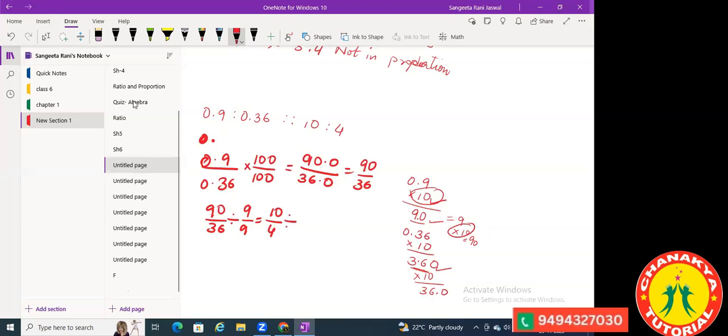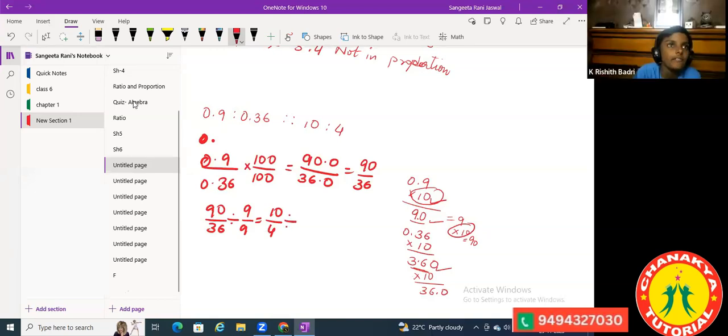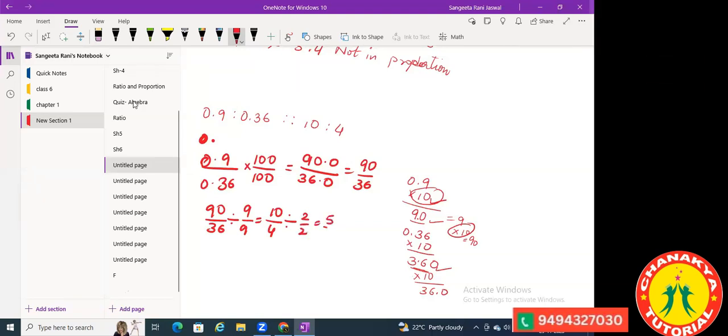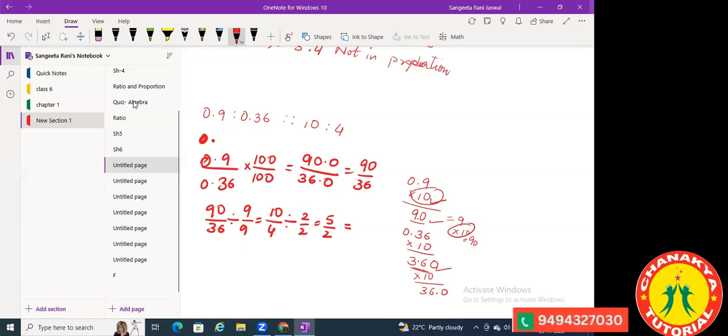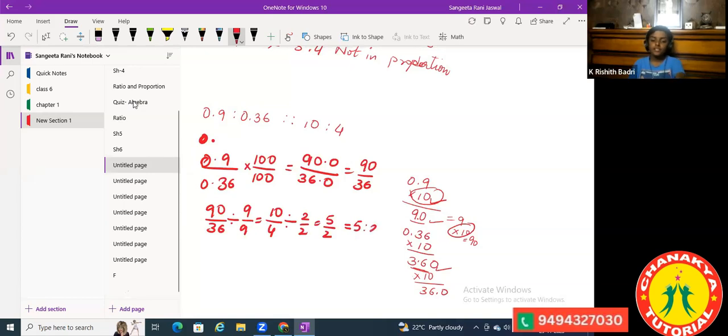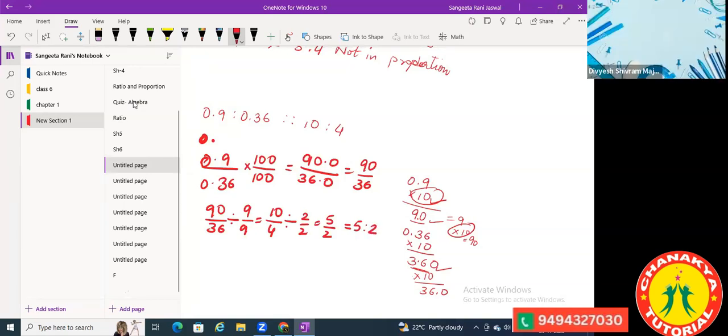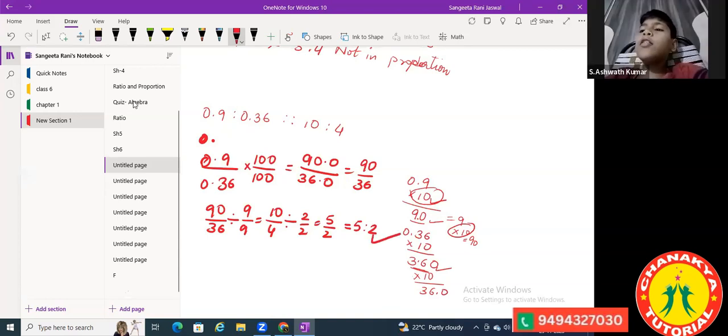Now, still, I think both are even numbers. If I reduce with 2, I get 5 by 2. Can I reduce it further? No, ma'am. This is the lowest. 5 is to 2. So we get 5 is to 2 once again.